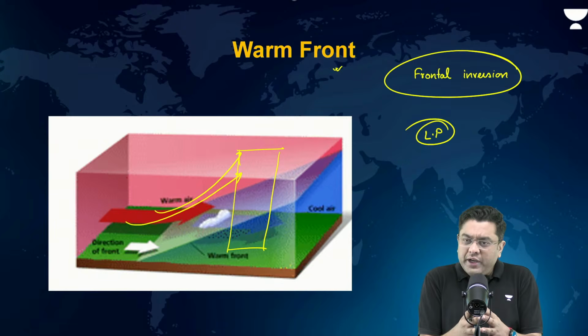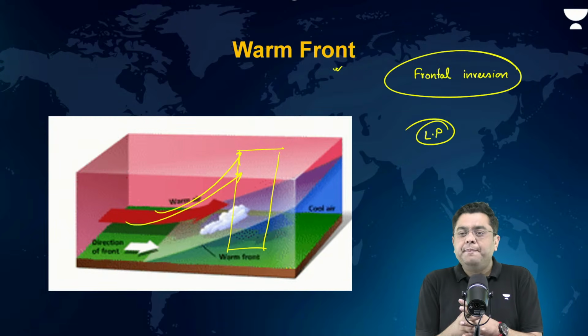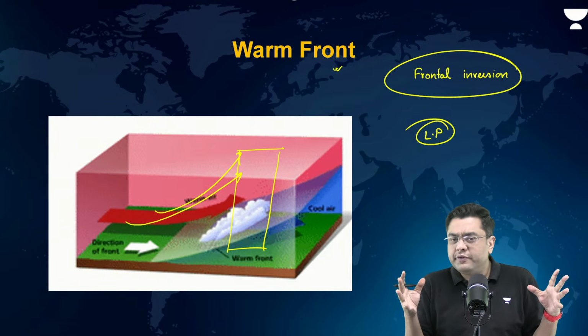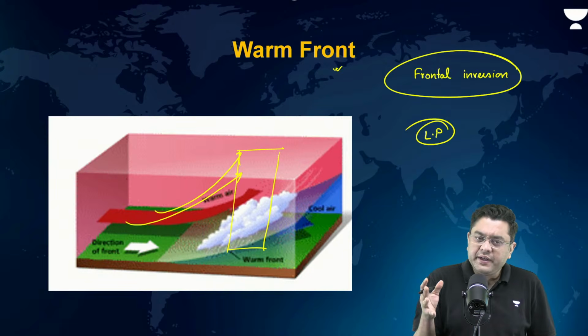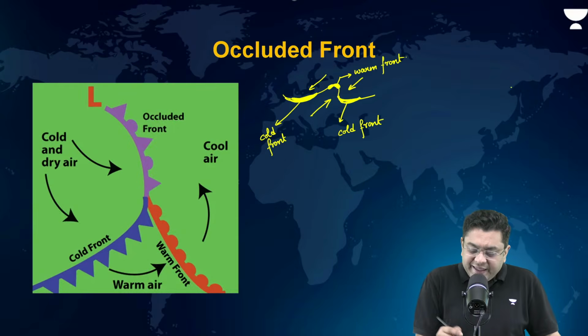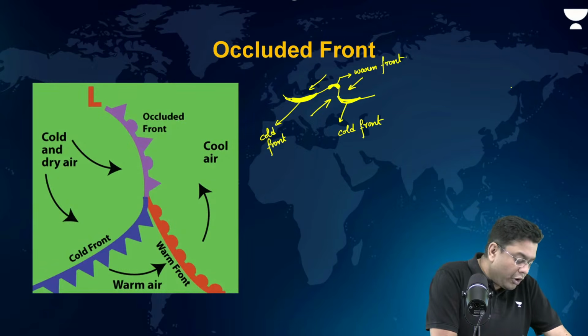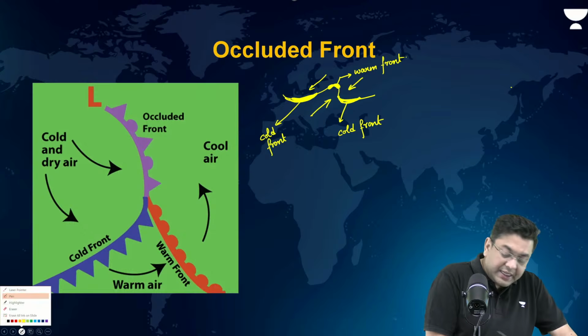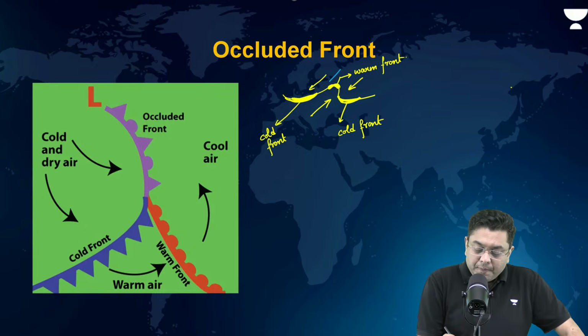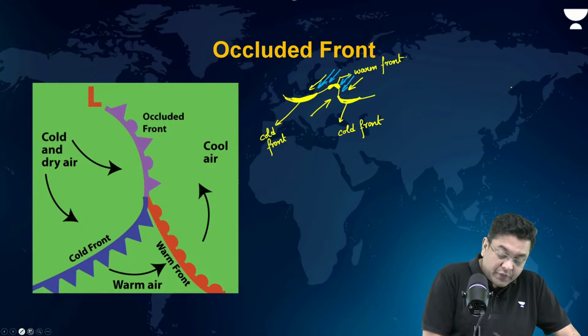So winds from all different directions, they will come and they will converge to the region of this low pressure, isn't it? So here in this region, I will have winds of different types which will be attracted. I can have winds from here also, which will come. I can have warm winds also, which will come.